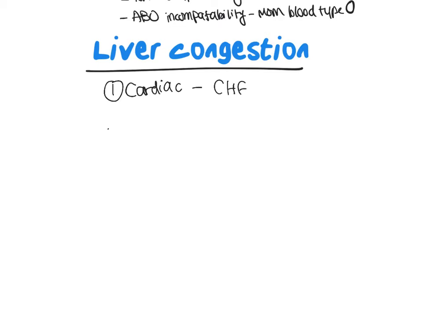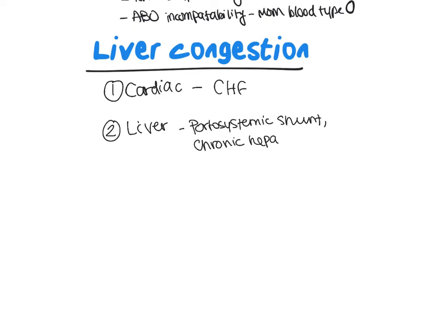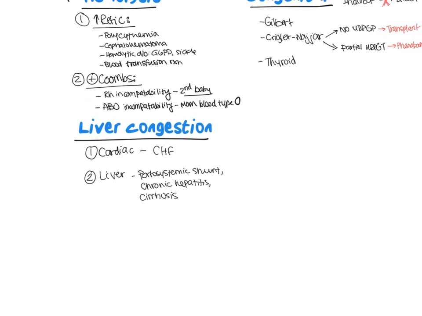So liver causes can be things that are congenital, so a portosystemic shunt, for instance, from failure of the ductus venosus to close, or things that tend to take longer to develop, so chronic hepatitis, for instance, in infants infected by hepatitis B. And any sort of chronic hepatitis can eventually lead to cirrhosis, which will cause liver congestion and failure to clear the bilirubin.